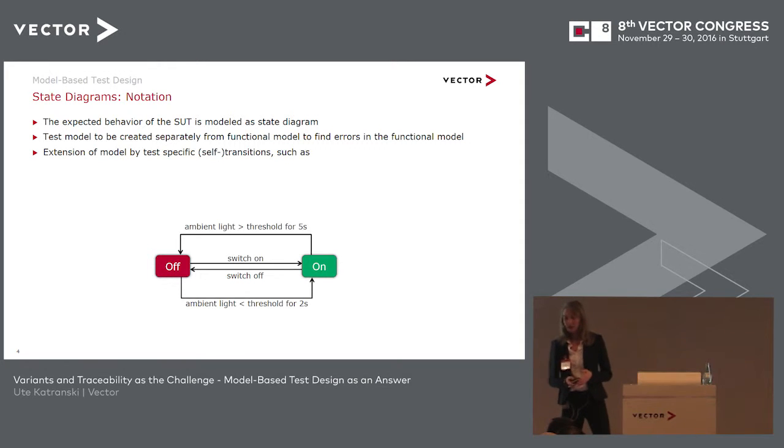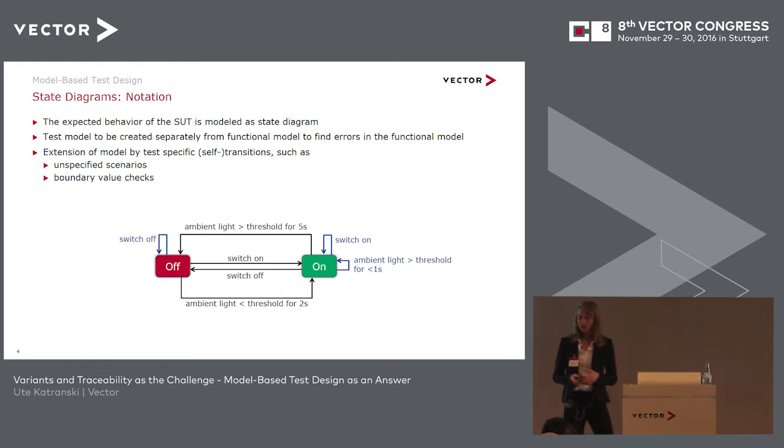So what is the special thing about my test model? Well, I can extend the test model by means of test-specific transitions. So I'd say, well, unspecified scenarios such as switch light off when the light is already off, or I might say my ambient light exceeds a threshold value, but only for a very short time, then I don't want the light to switch on and off automatically.